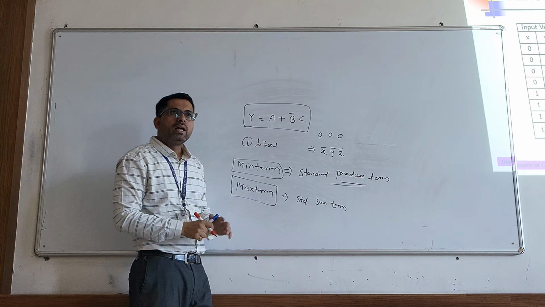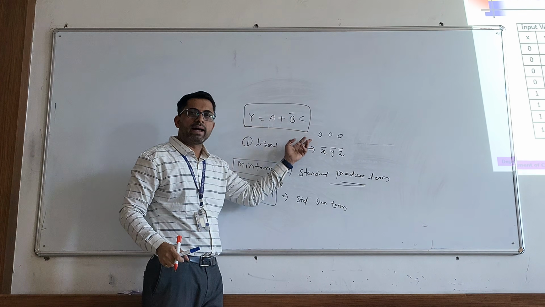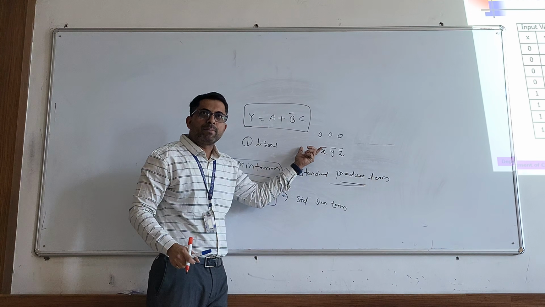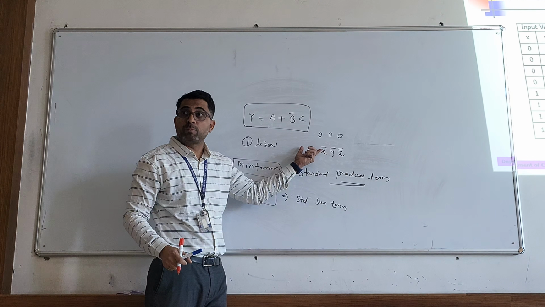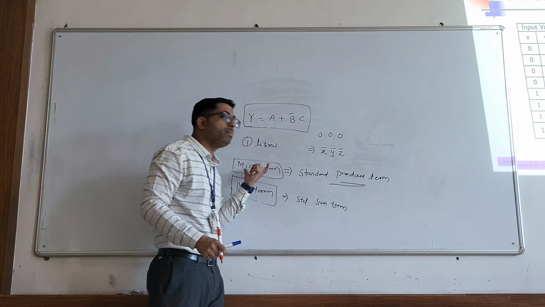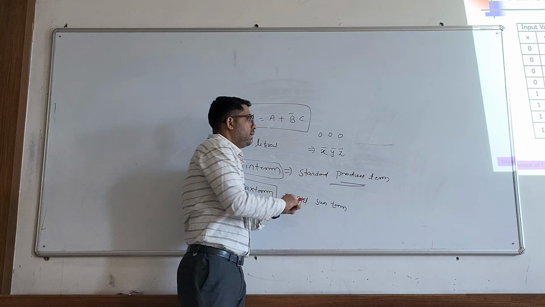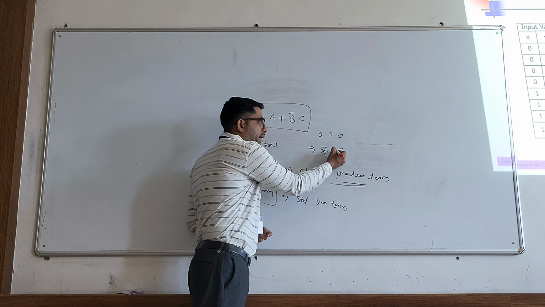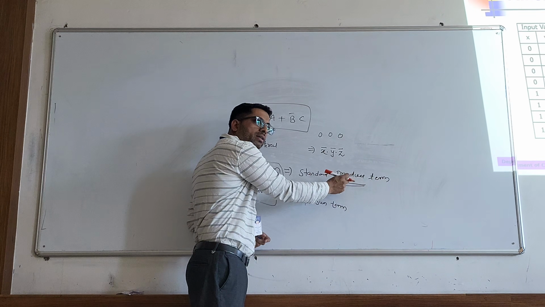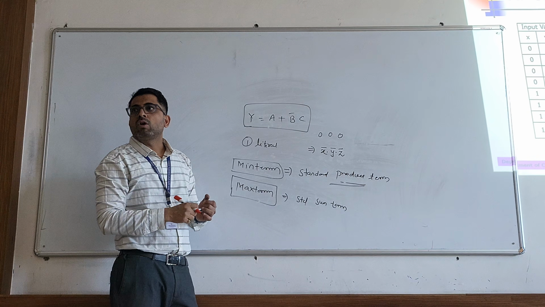I have three inputs, not always ABC. You can take variables X, Y, Z also. If my input variables are X, Y, Z, and I want to write the number 0, 0, 0 in the min term form, it is X bar into Y bar into Z bar, because of this product. Product means multiplication. Got it, everyone?